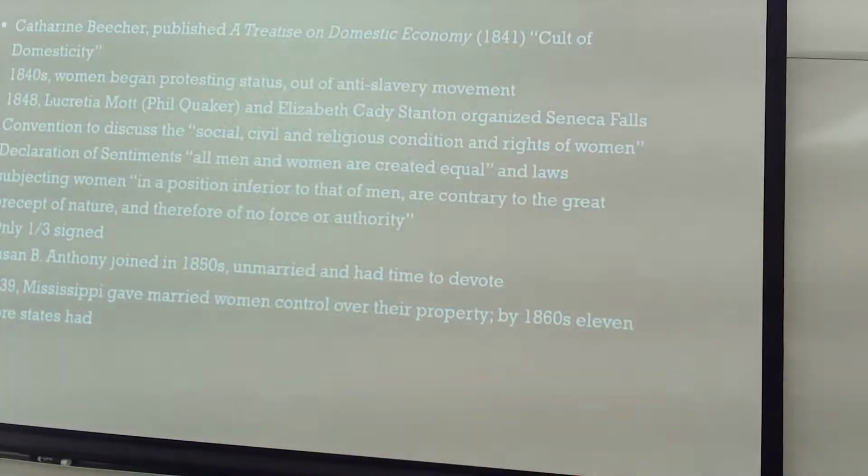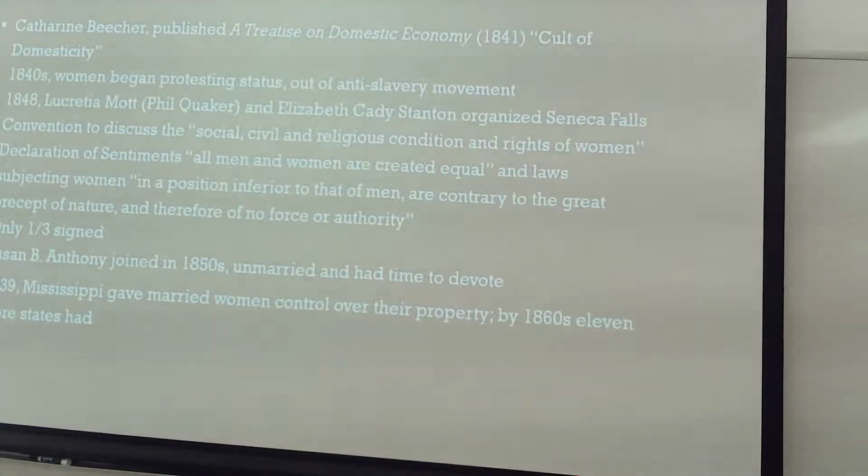They take the Declaration of Independence and use Jefferson's words to fight their own battle, to declare their own independence. And they put out a declaration of sentiments, and in it they write, quote, all men and women are created equal.